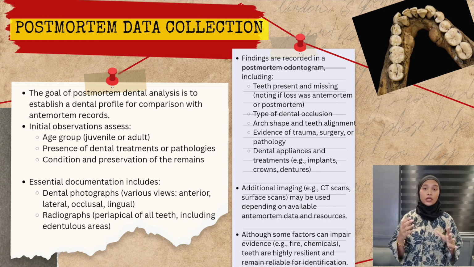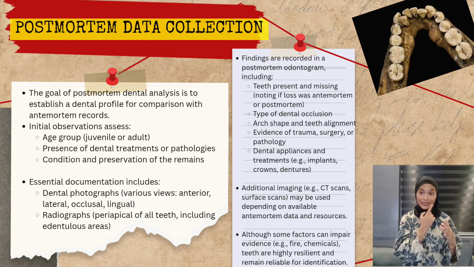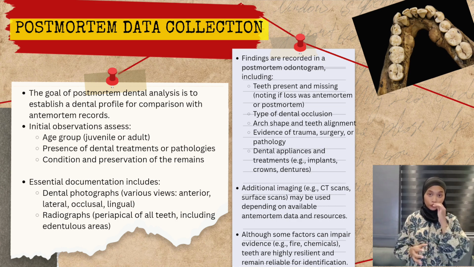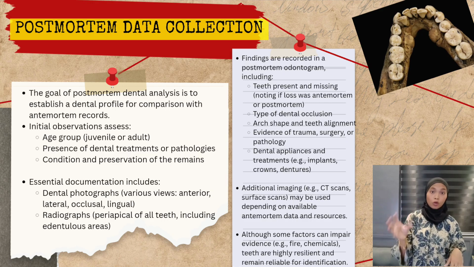The essential documentation includes dental photographs and radiographs. Dental photographs show various views such as anterior, lateral, occlusal, and lingual. Radiographs are of all the teeth, including periapical views. The findings will be recorded in a postmortem odontogram, including teeth present and missing, noting if the loss was antemortem or postmortem.